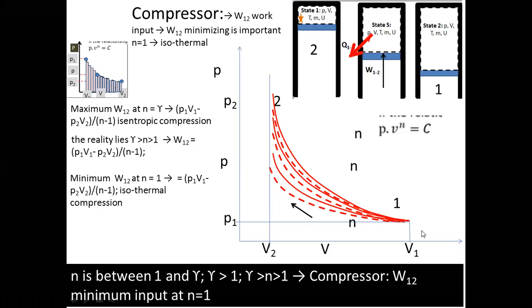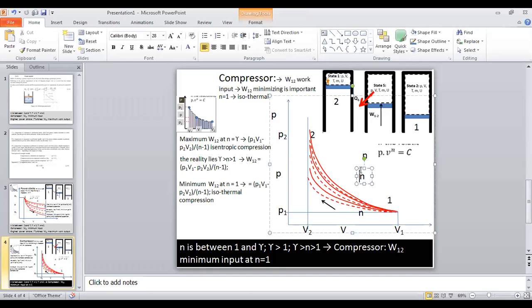Then pressure rises from P1 to P2. Quite understandable. And then again, you can see different n values possible.